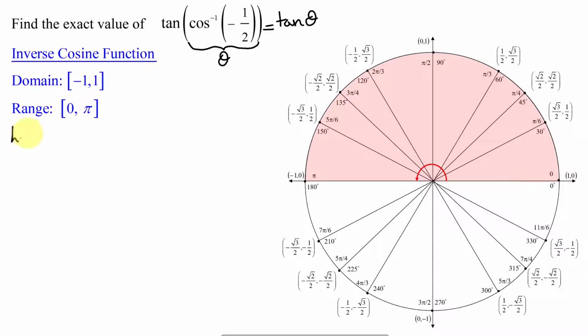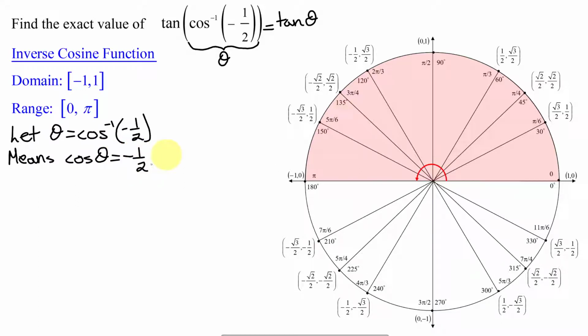Now remember, I said we're going to let theta equal the inverse cosine of -1/2. And what does this mean? This means that the cosine of theta equals -1/2, but don't forget the restrictions, and theta has to lie in the interval 0 to pi.